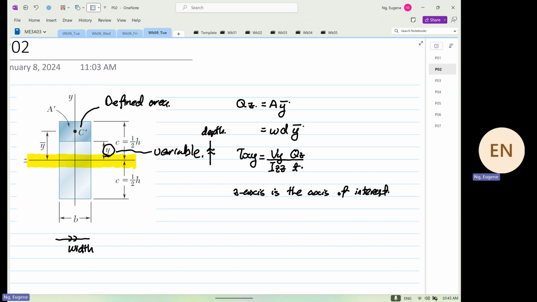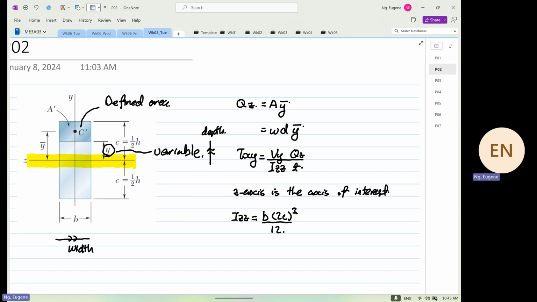So from here, we can immediately state that Izz is equal to width, which is b, times our depth, which is 2c, cubed, divided by 12.